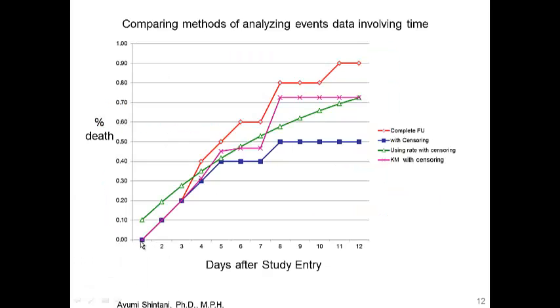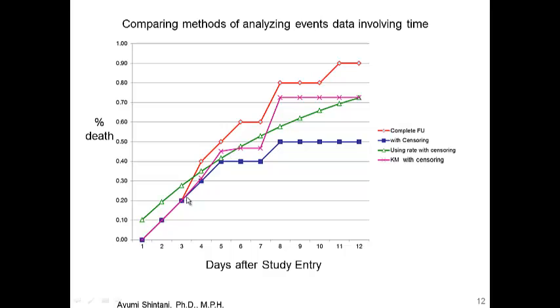So when I plot the Kaplan-Meier based cumulative probability of death and compare with the other method, the purple line is the Kaplan-Meier based estimate. So as you see, this gives an estimate larger than the other number, where you simply take the proportion of deaths over 10 people, the total number of patients being followed.